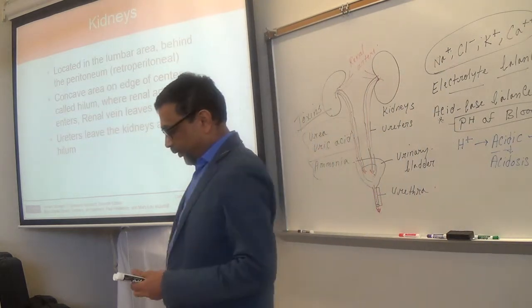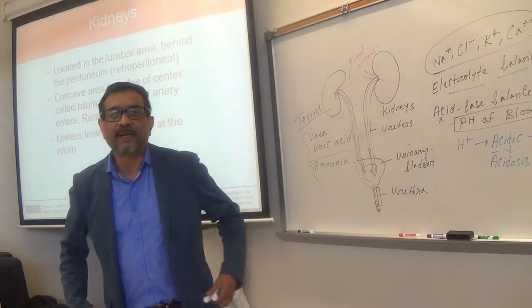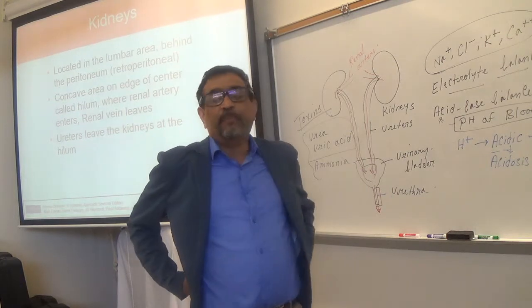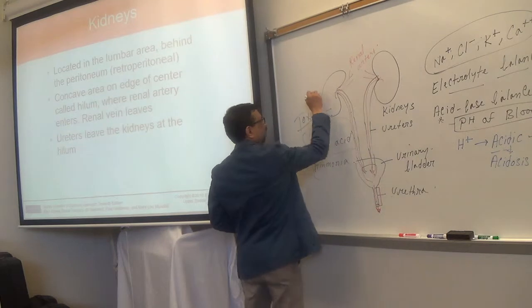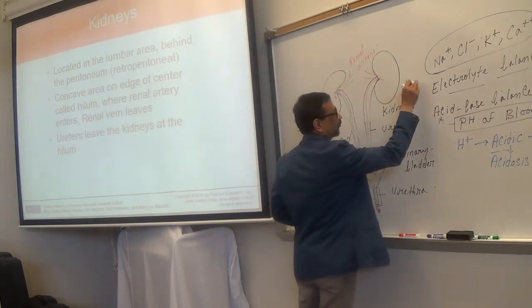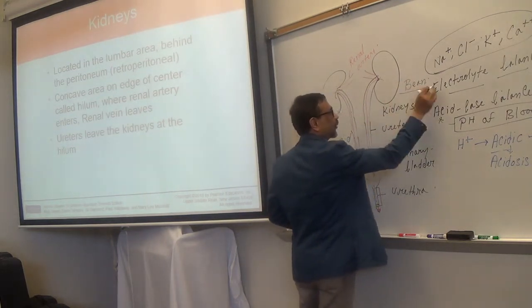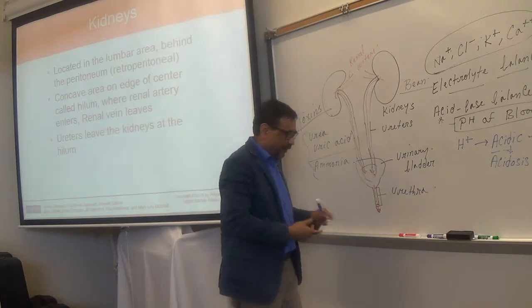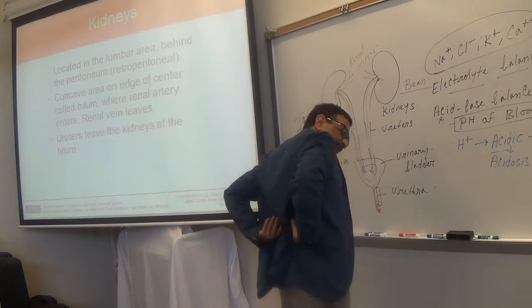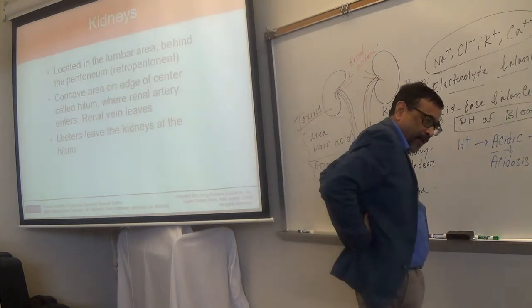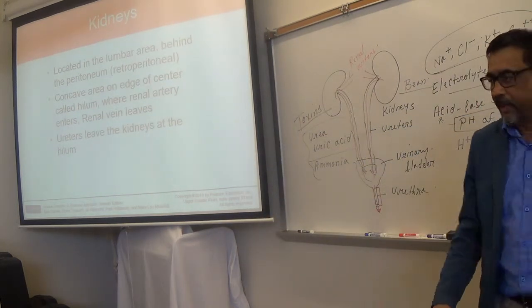Now, we'll see the anatomy of the kidneys. Kidneys are bean-shaped organs, like a bean, and located in the lumbar part of the body, here, back part, lumbar area.